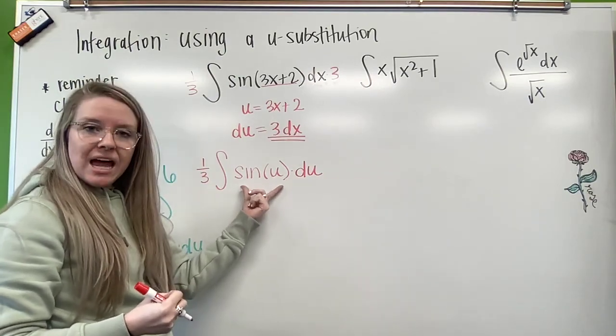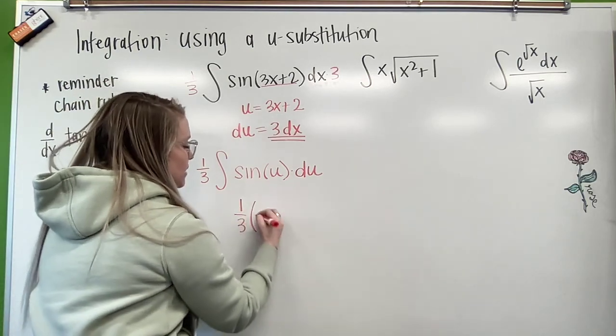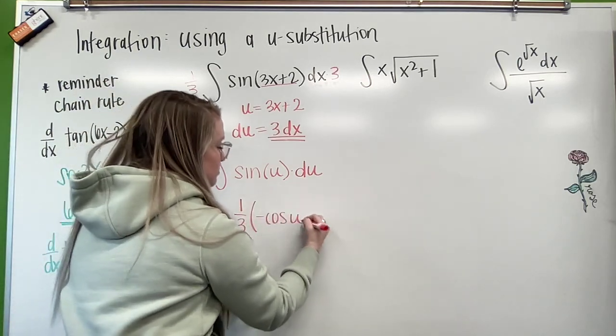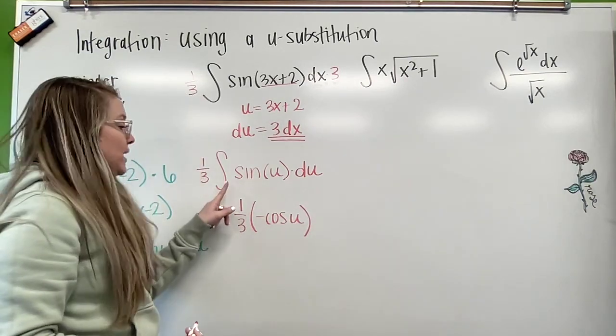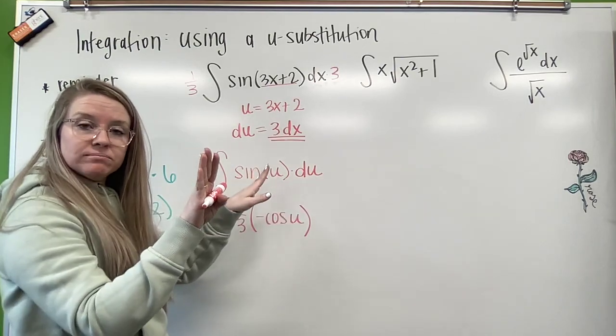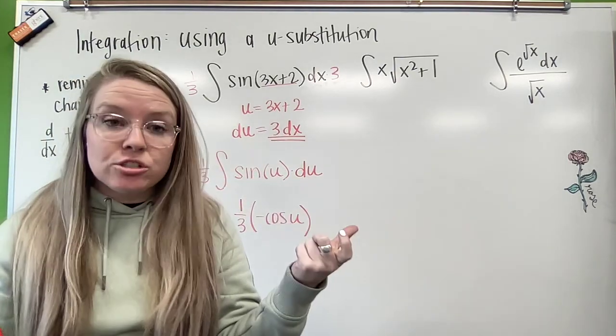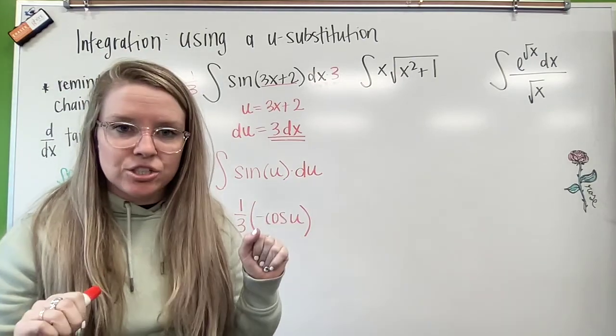I know the antiderivative of the sine of u. The antiderivative of the sine of u is negative cosine u. When we anti-derive, our integral and our du go away, okay? Du means derivative. Integral is telling us to take the antiderivative. They cancel each other out.